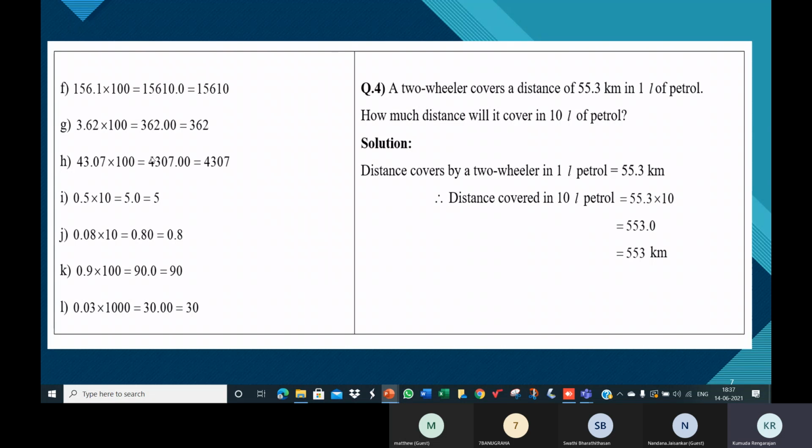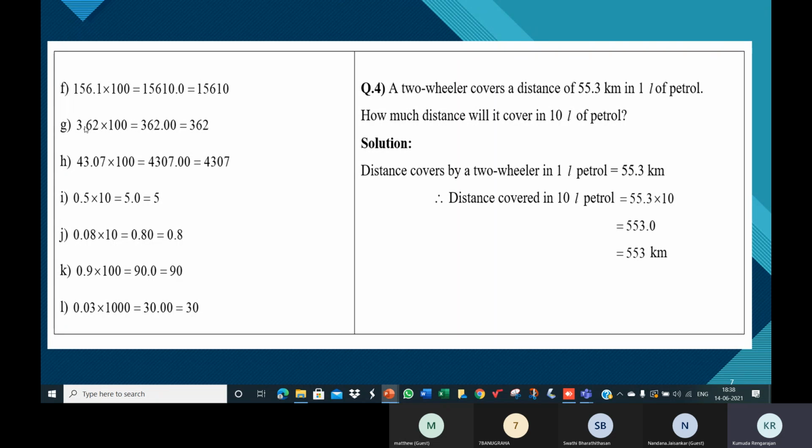This is how I would have told you: when it's multiplication, multiply as if there is no decimal point. So 362 into 100, as if I'm doing it for you in Grade 1. 3.62 into 100.